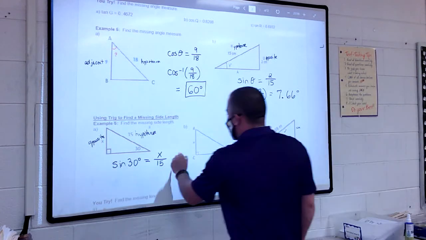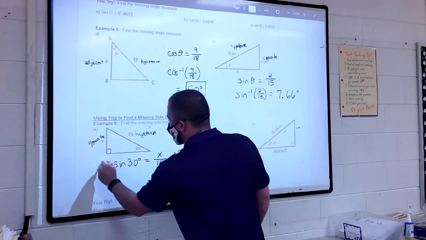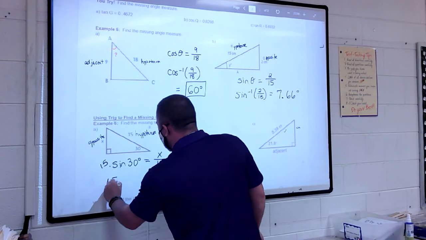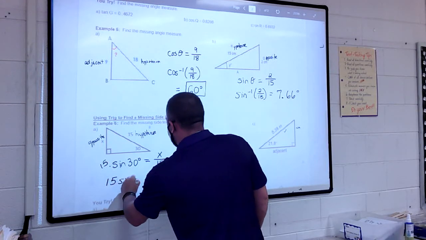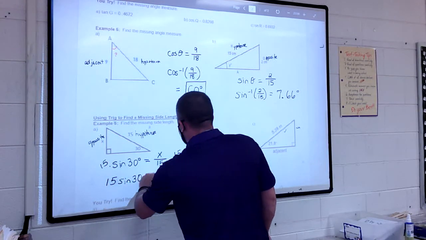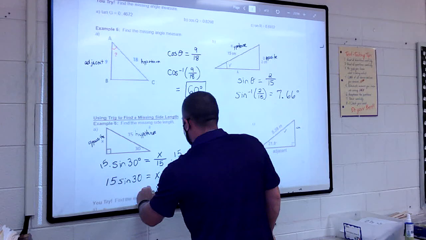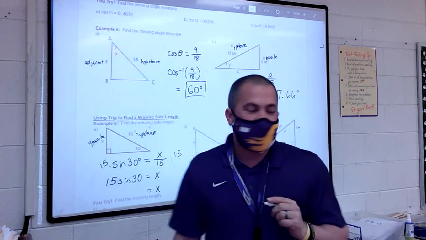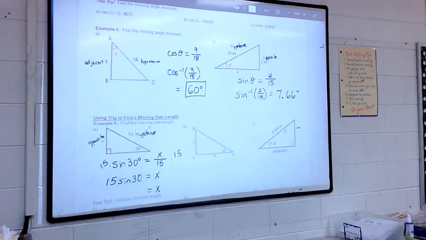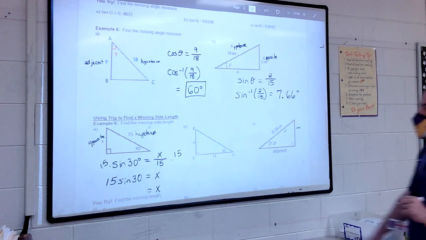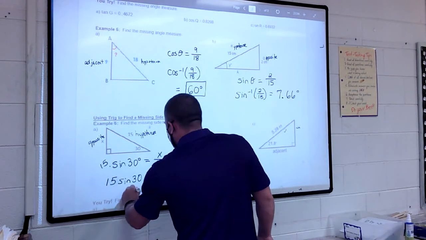Times 15 and times 15. So 15 sine of 30 is equal to x. At this point, we can go straight to our calculator and type it in just like it is. 15 sine 30 tells me 7.5. The end. So that's how long that side is, 7.5.